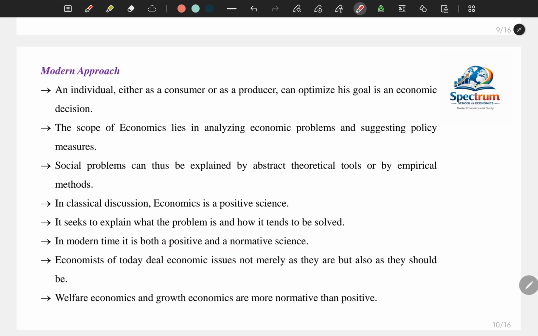Economists of today deal with economic issues not merely as they are, but also as they should be. It means nowadays economists are giving some frameworks. Welfare economics and growth economics are more normative than positive in the modern approach.